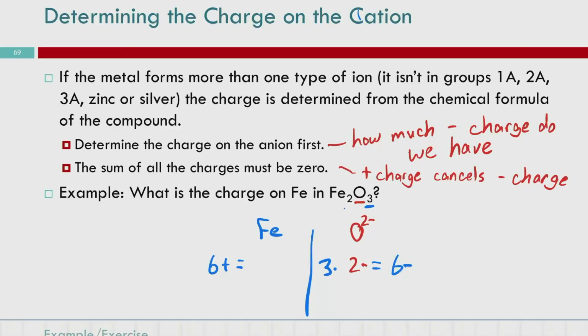And we've got how many irons? 2. So 2 times what gives us 6? X is 3+. So this would be iron 3.